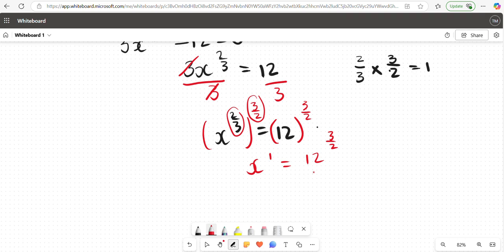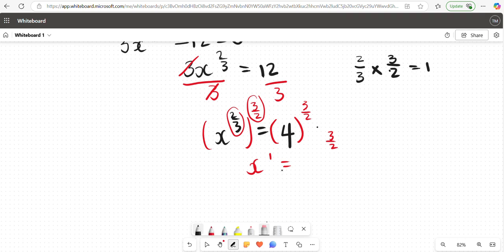No, sorry, I forgot something. The 12 divided by the 3 at the top would give me a 4 here in the bracket. So actually we have a 4 that is to the power of 3 over 2. Let me just erase it down here as well. Sorry, my mistake.